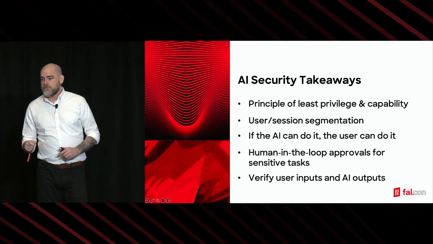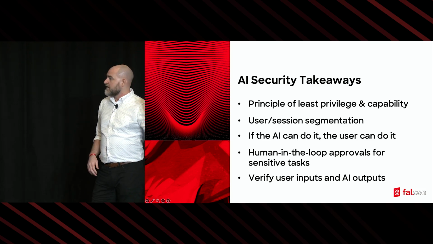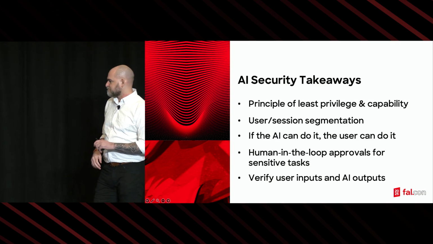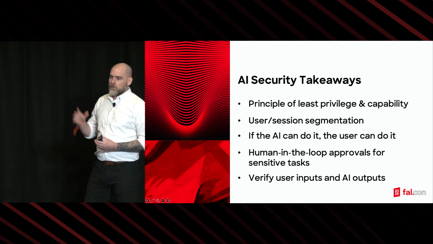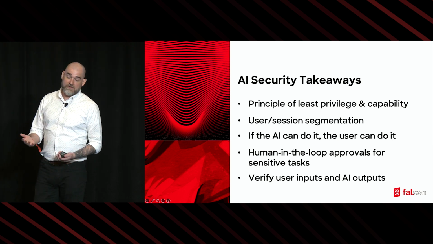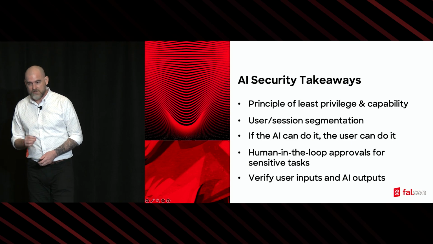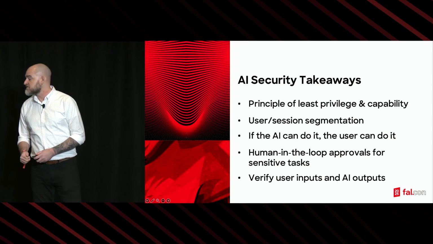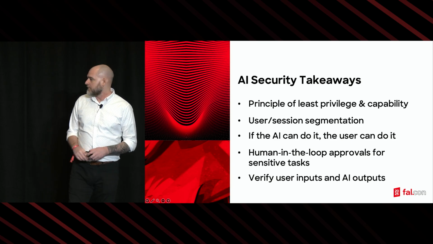You should never have them be able to write to anything that another person or company can access from the AI. Human-in-the-loop approval for all sensitive tasks. I know we're talking about this kind of unmanned global AI security stuff, and that's amazing, and maybe someday we will be there, but right now we are not, and you absolutely cannot and should not trust these agents to do anything that involves any kind of sensitive data.